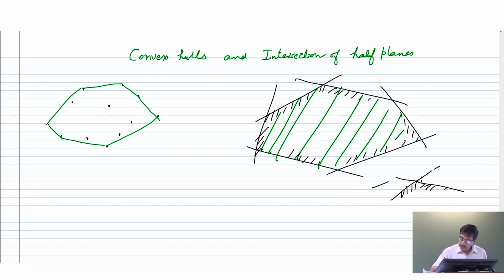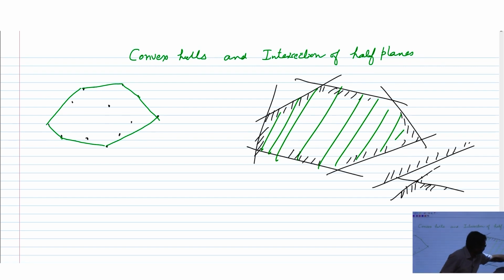And I have maybe another half plane like this. Now, the intersection of these half planes is clearly empty, right, because this is the intersection of these two, and it is below basically, and this is completely above. So, the intersection is empty actually. So, it could be an empty structure. So, the final output is empty, right, there is no structure. I mean, the empty set is also convex, that you can say, but then apart from that.